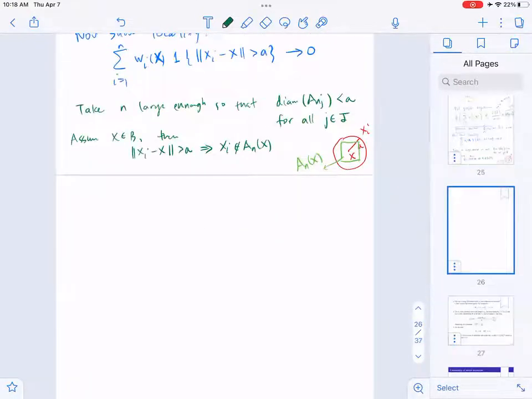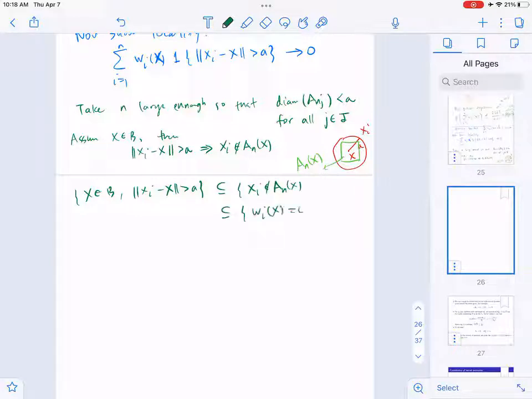So already, if you can imagine, the weights are not going to 0, the weight is exactly 0. So if X is in B and xi is outside the ball, then this event is a subset of this event, and this implies that Wi(x) is 0.